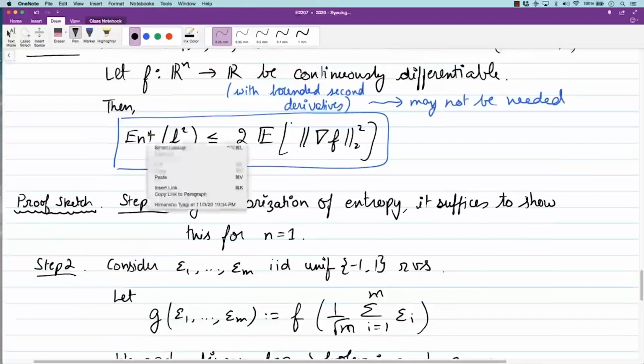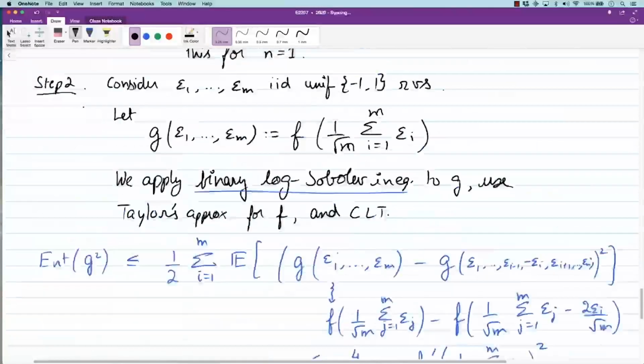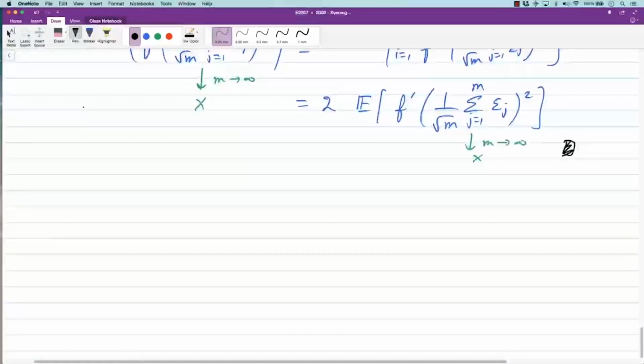Okay, and then as a consequence, as a corollary, what we get is the following.